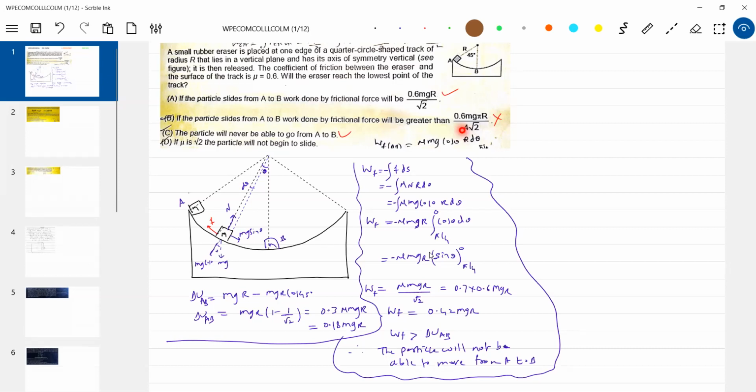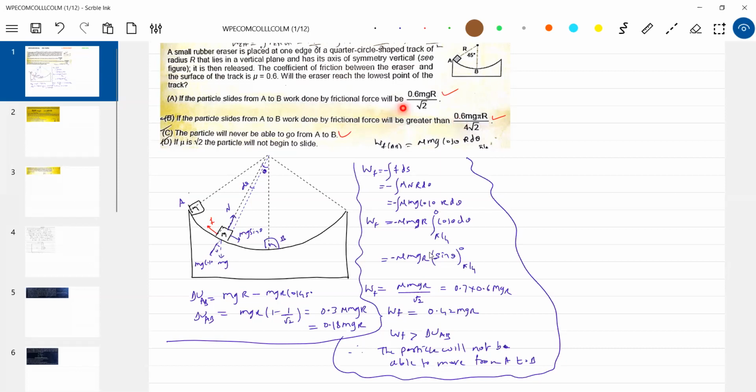Okay, I didn't check. Sir, if it cannot go from A to B, then why are we talking about the work done by friction? If I slide slowly, if the particle slides, that's what it is telling. Okay, sir.